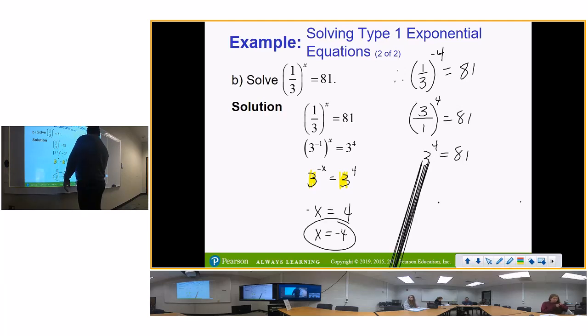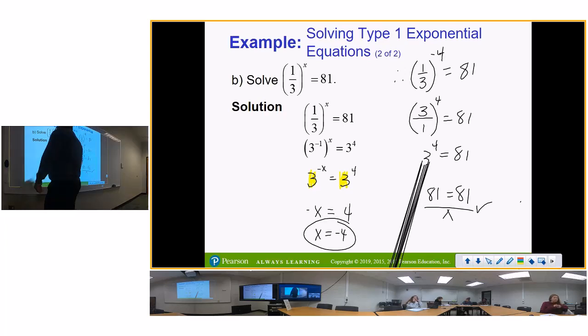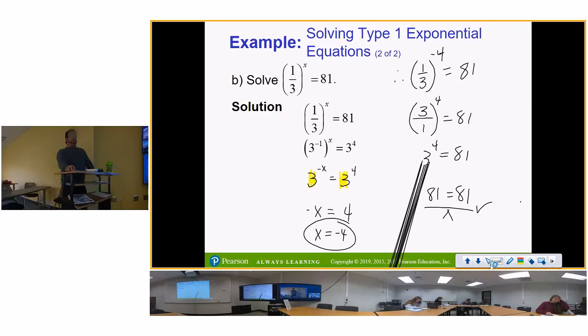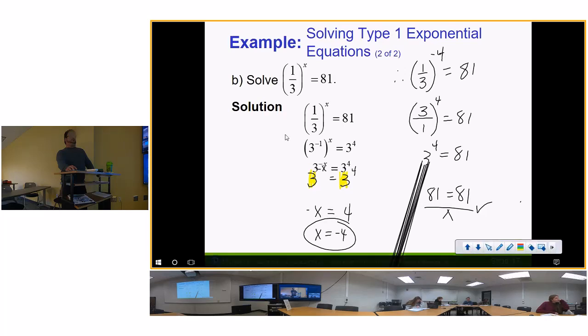And 3 to the 4th power is what? 81. So it checks. So x is equal to -4. They should be going into the logarithmic definition within the next couple of slides.